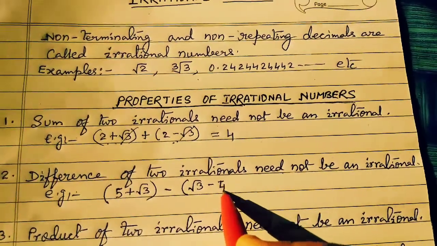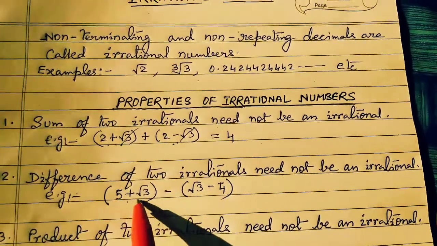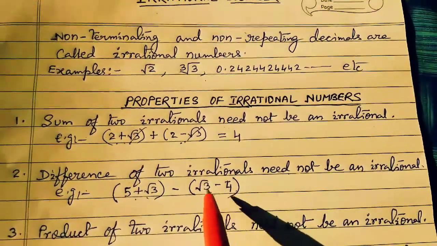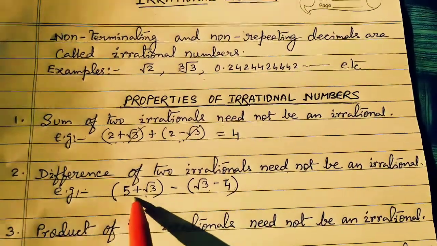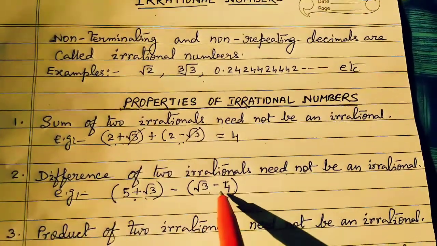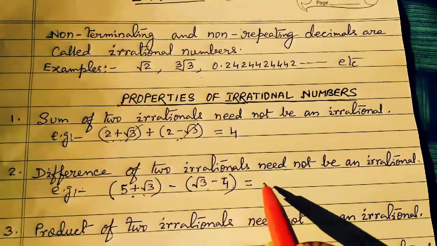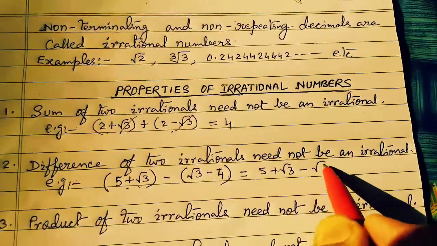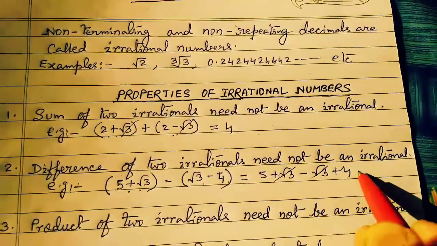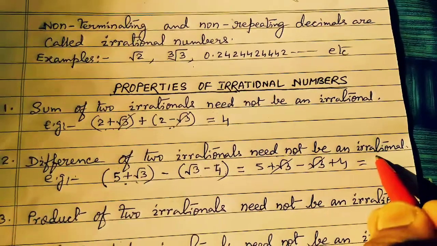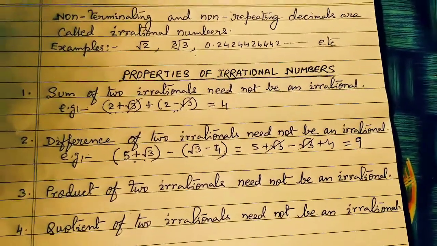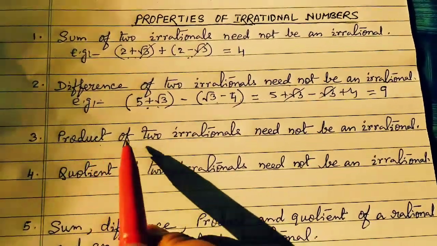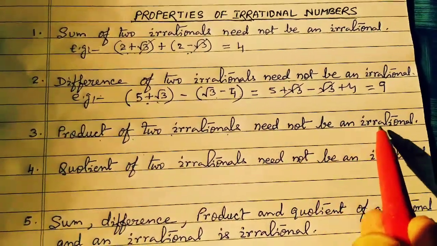So 5 plus root 3 is an irrational number, and root 3 minus 4 is also an irrational number. But if we subtract root 3 minus 4 from 5 plus root 3, it comes out as a rational number. Why? Because if we remove the bracket, we get minus root 3 and plus 4. The root 3 cancels, and we get 5 plus 4, which is 9. So 9 is a rational number. Clear, student?